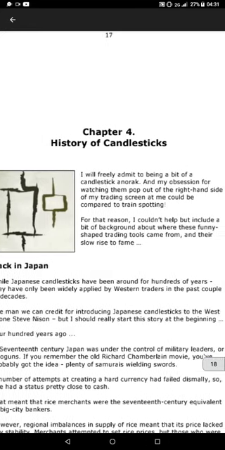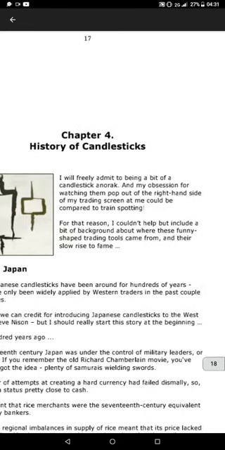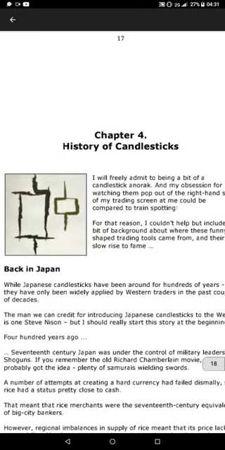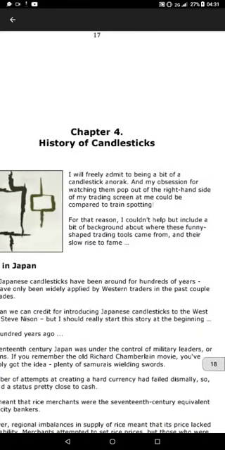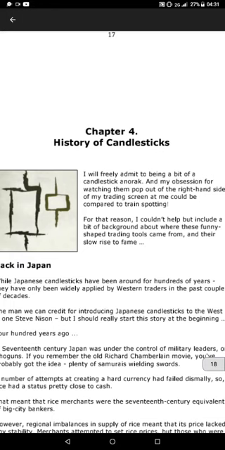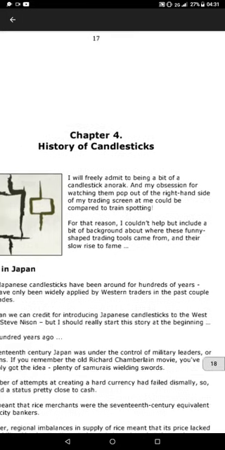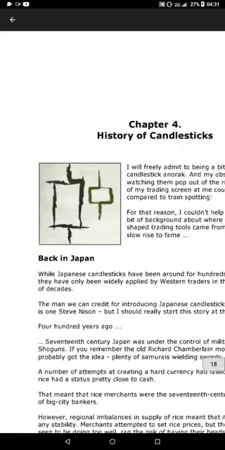For that reason, I couldn't help including a bit of background about where these funny shaped trading tools came from and their slow rise to fame.